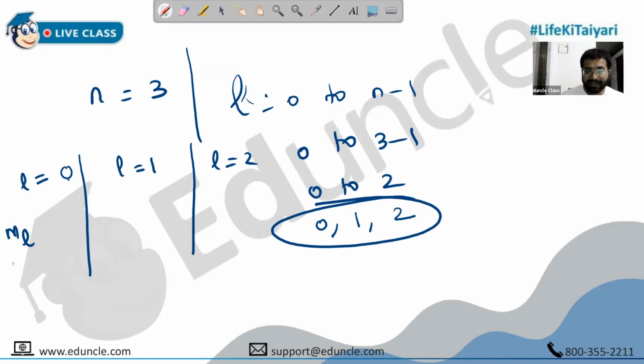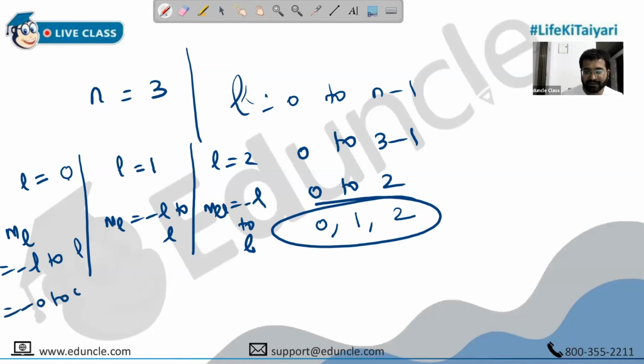You know? ML can take minus L to L. So here it will take minus 0 to 0, which is 0. Here it will take minus 1 to 1, it means minus 1, 0 and 1. And here it will take minus 2 to 2, it means minus 2, minus 1, 0, 1 and 2.